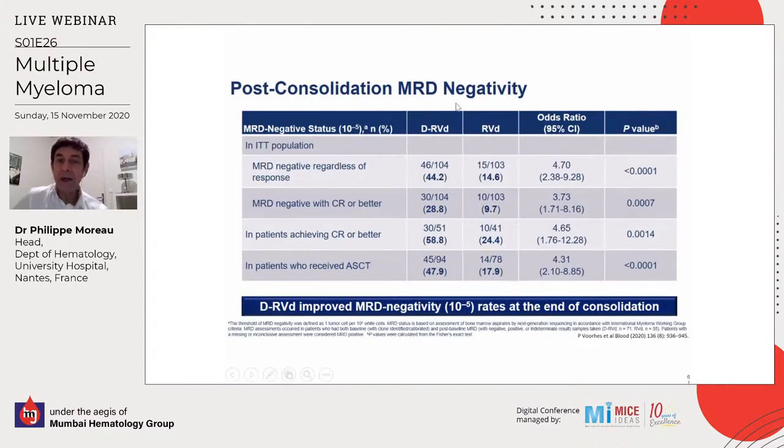And when looking at MRD negativity rates after consolidation and before maintenance, you see definitely that we have a higher MRD negativity rate with the quadruplet combination in patients reaching CR, 30% of MRD negativity versus 10%, and in patients achieving CR or better, 60% of MRD negativity with VRD-DARA versus 25% with VRD alone.